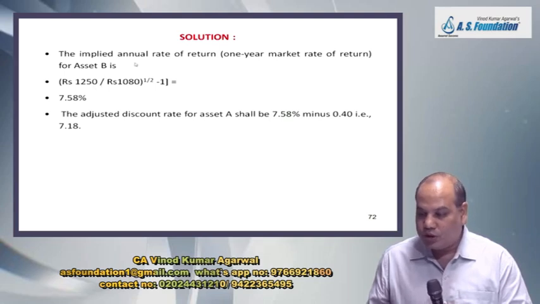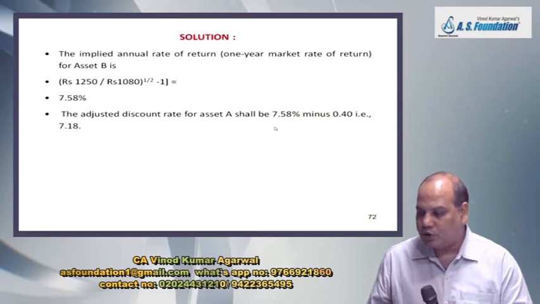Now for a 2-year instrument, the implied rate is 7.58%. But the problem says a 1-year instrument is 0.40 basis point lower than a 2-year instrument.